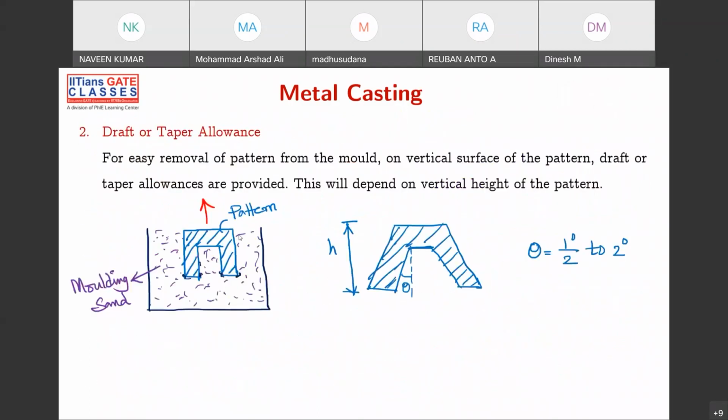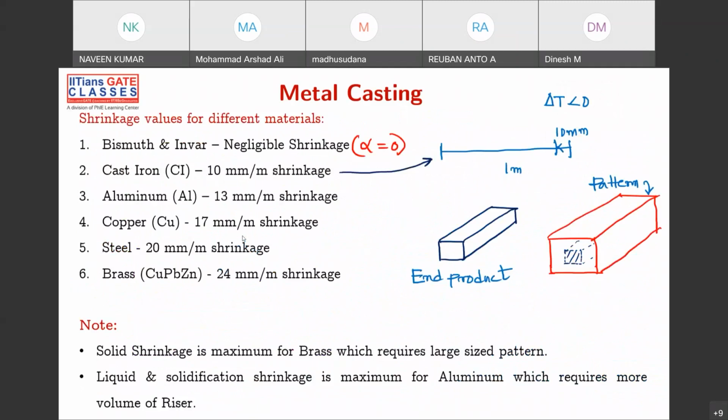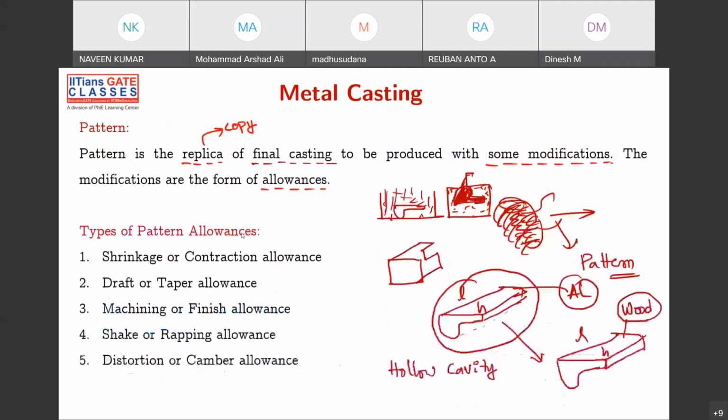So what allowances have we discussed? These are the 5 allowances: shrinkage, also known as contraction allowance, draft or taper, machining and finish, shaking and rapping, and distortion allowance.